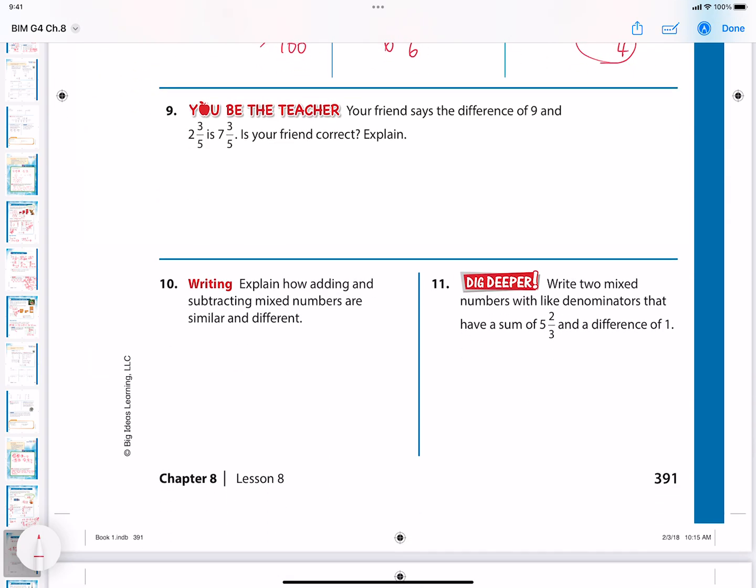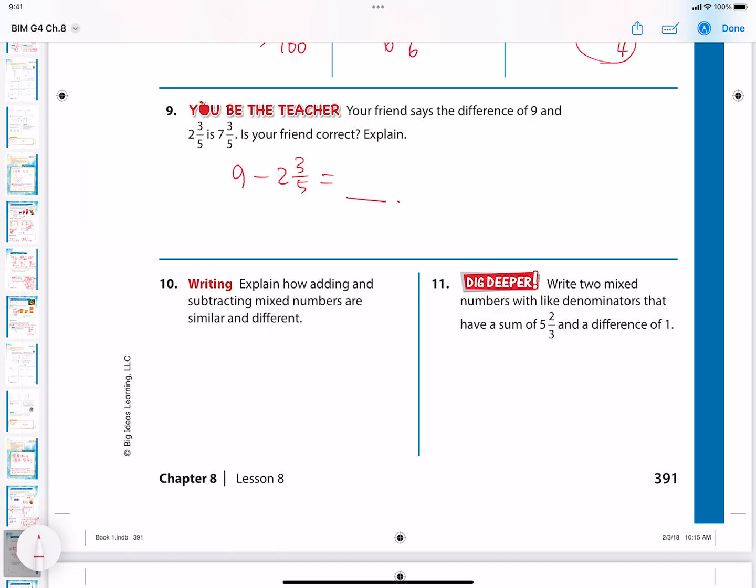All right, number 9. Your friend says the difference of 9 and 2 and 3 over 5 is 7 and 3 over 5. Is your friend correct? Explain. Let's take a look. So 9 minus 2 and 3 over 5.